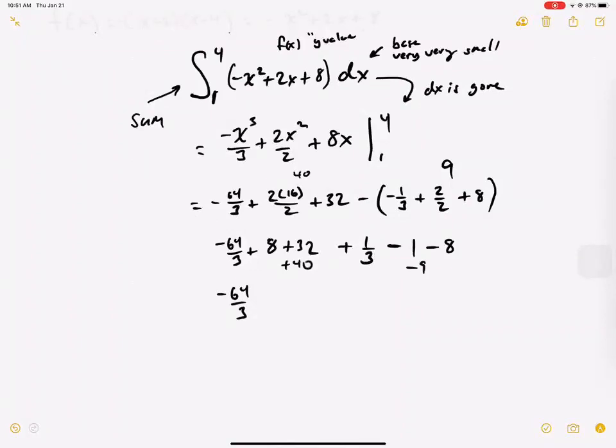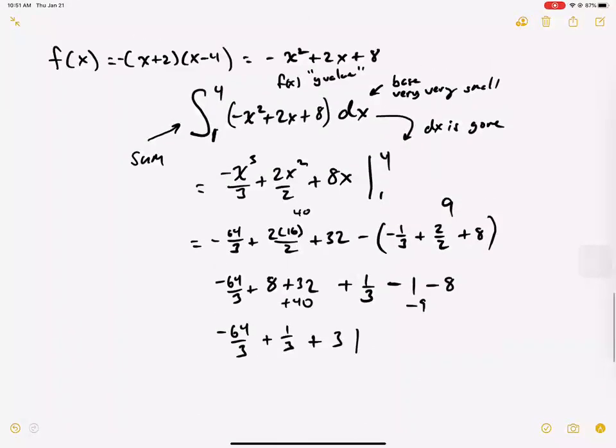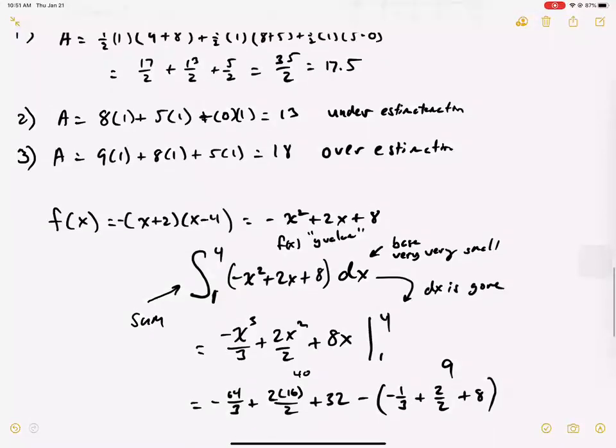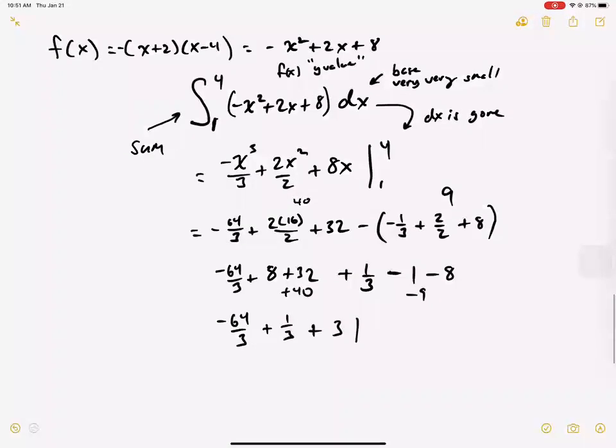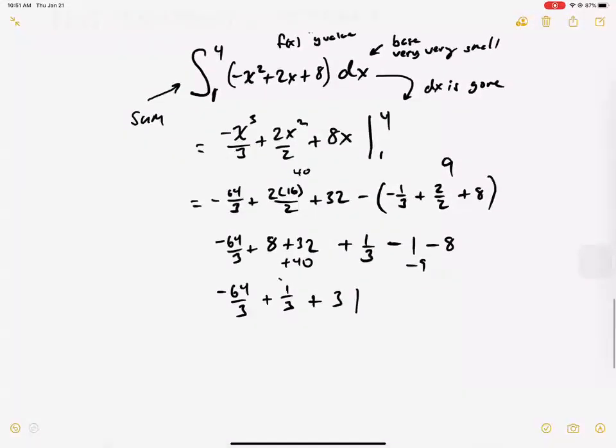Combine those together, it becomes 31. Plus 1/3 plus 31. Oh wait, we're not done yet. I'm just going to subtract this over. Becomes negative 63/3, and that becomes 21. Negative 21 plus 31 is, wait, did I make a mistake someplace?